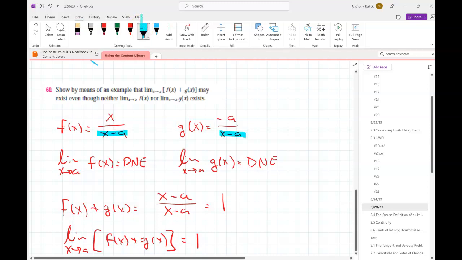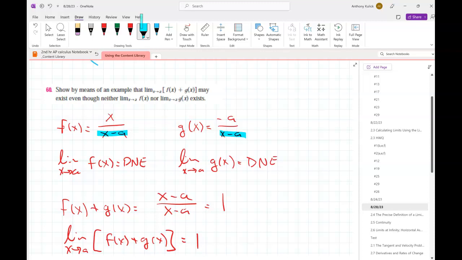Well, I start out by making x minus a the denominator, because I know at that point you're going to have a rational function that has an asymptote at a where one end points up and one end points down, which does not exist. So that's a limit that doesn't exist for both of them, right?